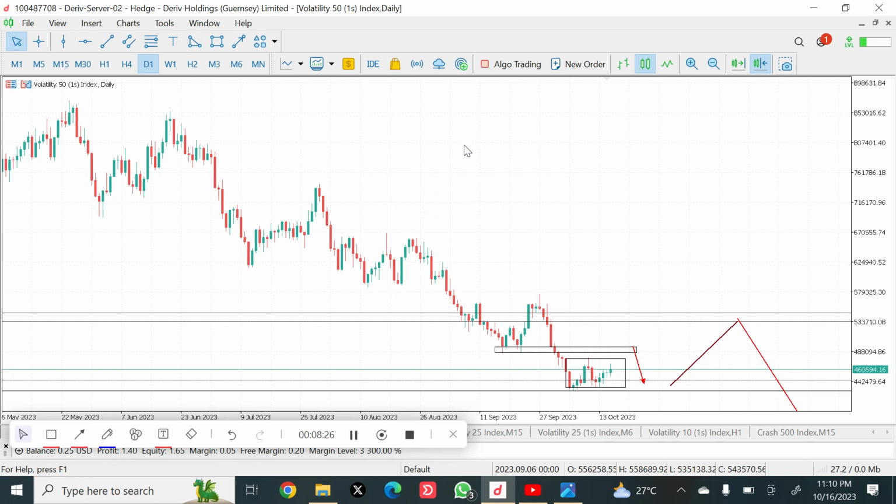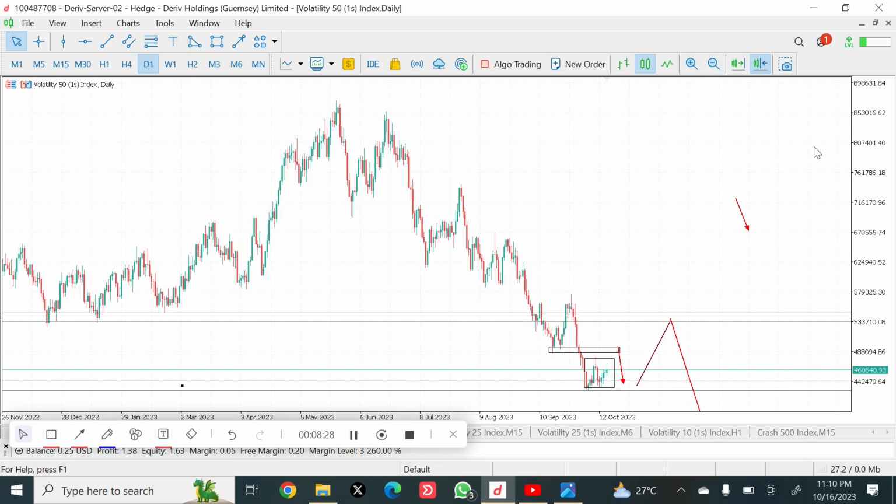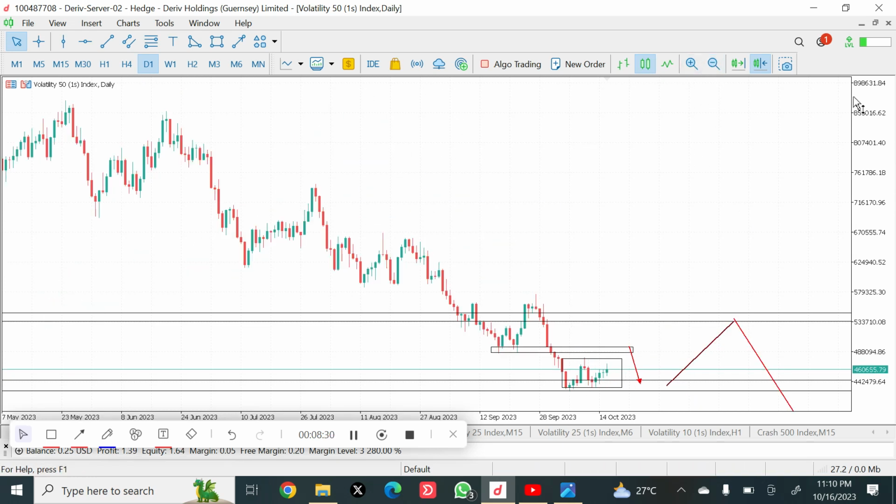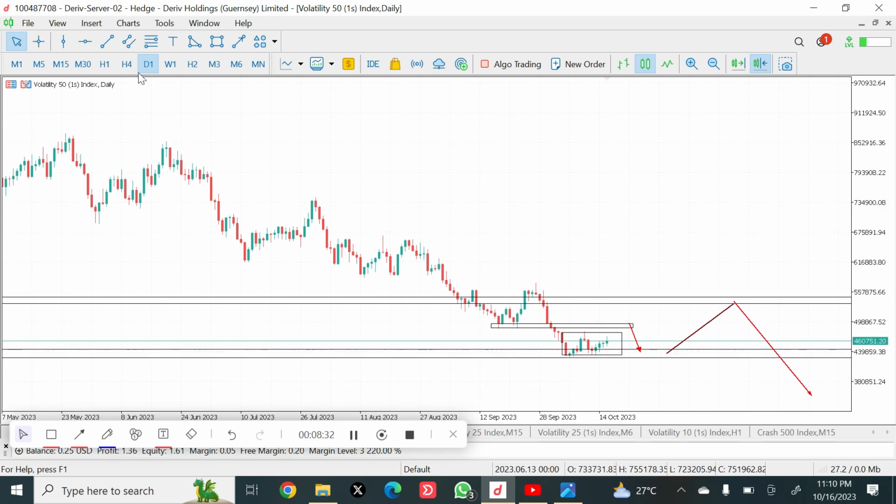Now on the daily time frame, we can see a very nice trend line if you want to connect from the top. One of the rules of the trend line is that at least two touches are needed in order to establish a trend line. We have that first touch, or the origin of the trend line, and then a second touch right here.